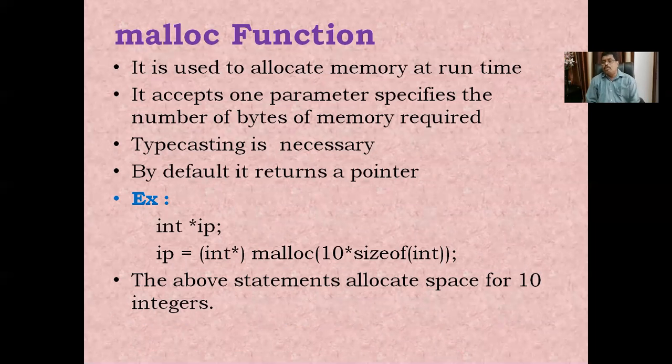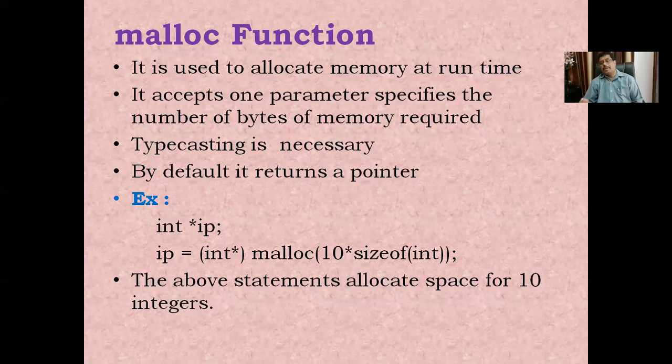We use the malloc function in this particular program. Because of this, it allocates the memory at runtime, and it accepts one parameter. That parameter specifies the number of bytes required for the allocation. Typecasting is also essential, because it may store integer values, float values, or character values, whatever it is.